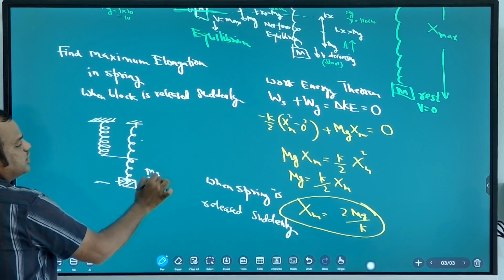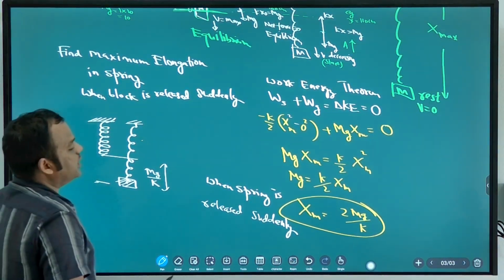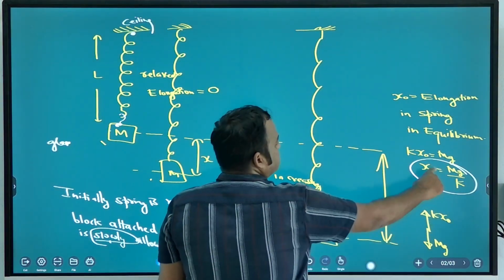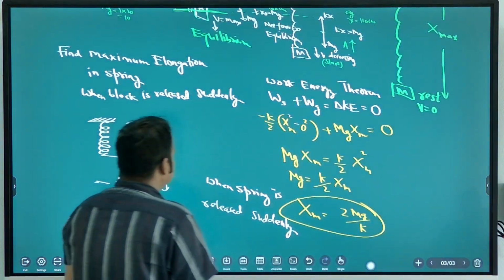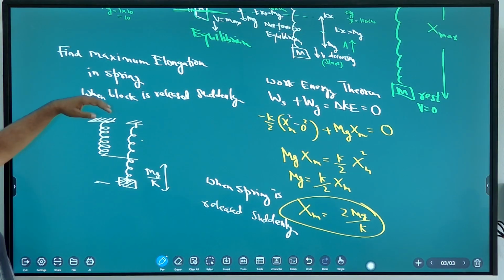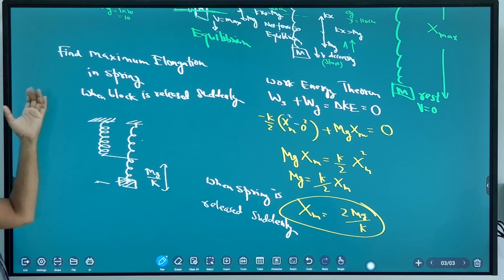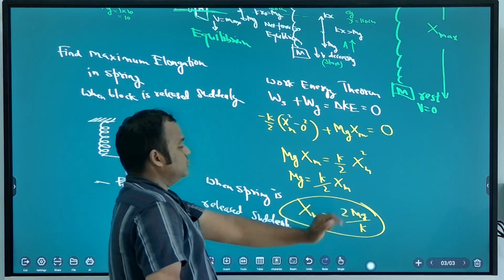How much elongation? mg by k. In equilibrium the elongation is mg by k. So when the spring is slowly elongated, the elongation is mg by k. When the block is suddenly released, the maximum elongation is 2 mg by k.